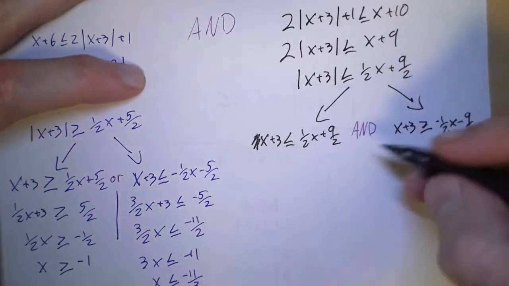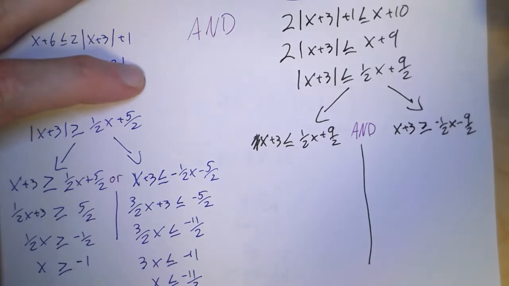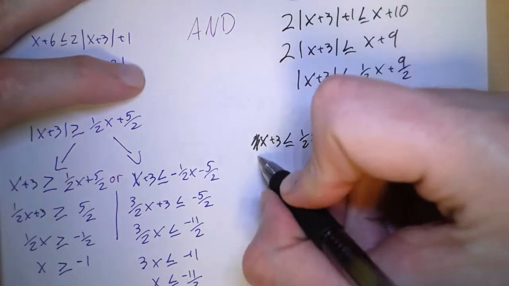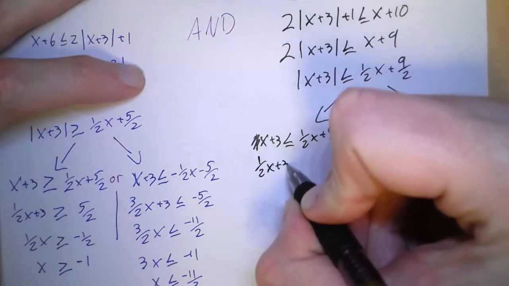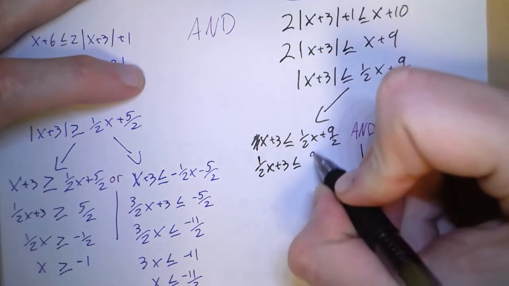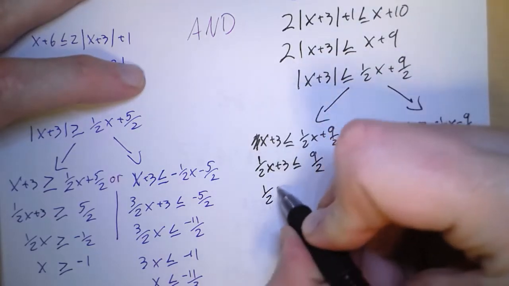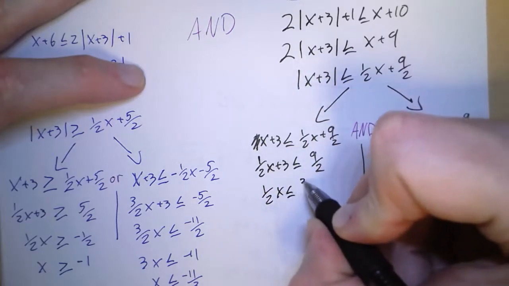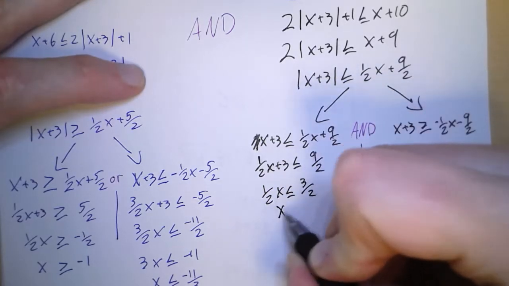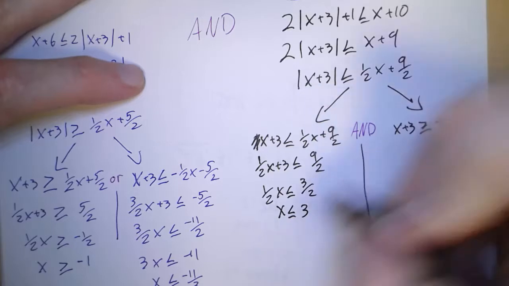So now we solve both of these for x. Subtract the 1/2 x, so 1/2 x plus 3 is less than or equal to 9/2. We subtract the 3, we get 1/2 x is less than or equal to 3/2. So x is less than or equal to 3.